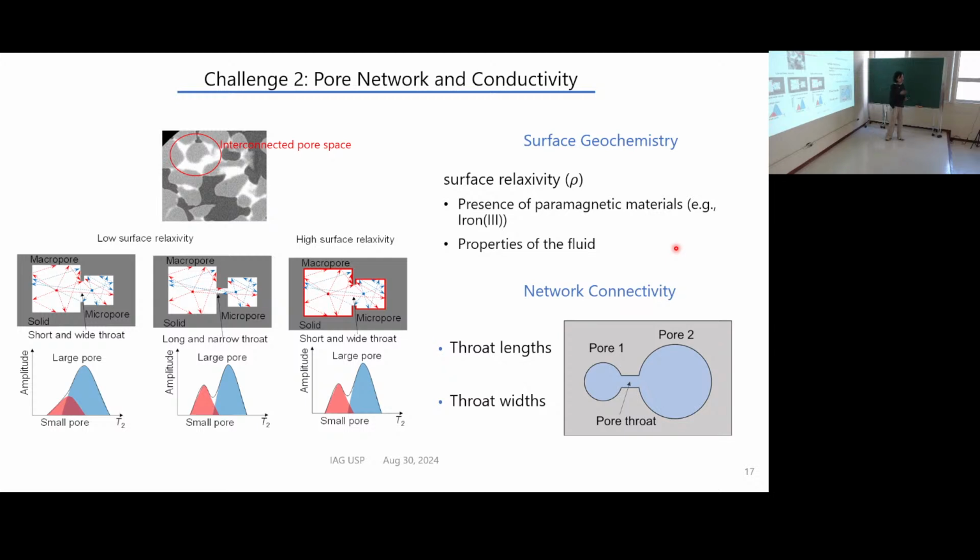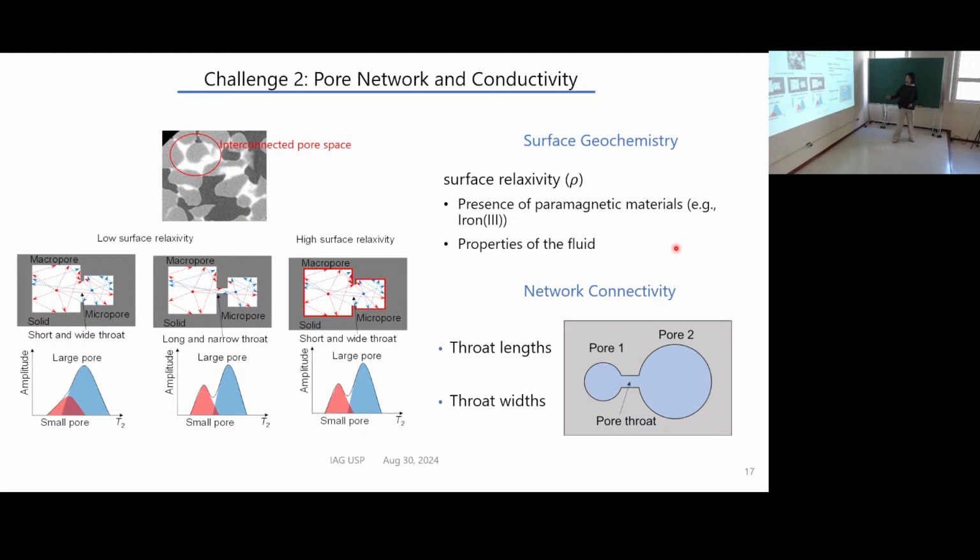If you work on induced polarization, IP, you're probably familiar with such a setup, and this is where I also think there's an organic link with the IP work. So we consider the pore network connectivity and the pore throat connecting two pores, and how the proton is relaxing between the two pore spaces.